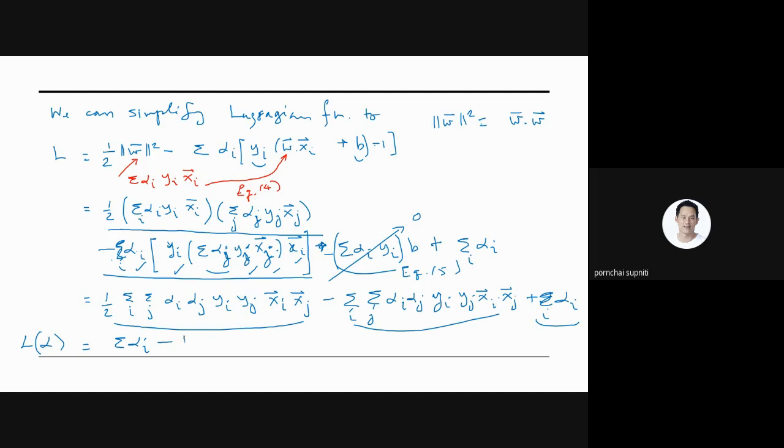I guess -1/2 summation i summation j alpha i alpha j yi yj xi xj. Okay, so that's it. So this is the Lagrangian function.